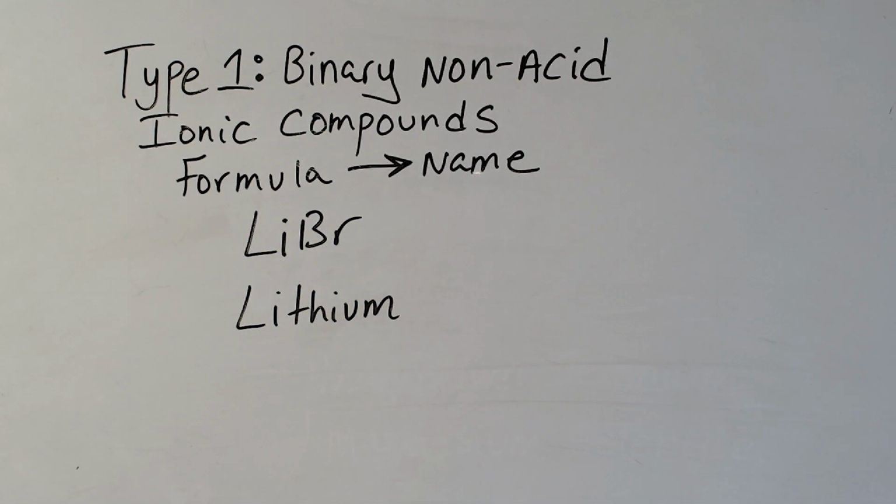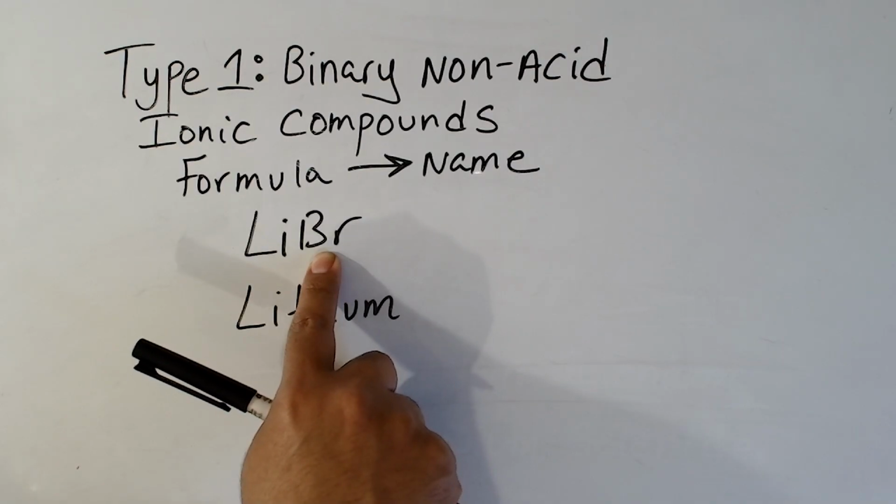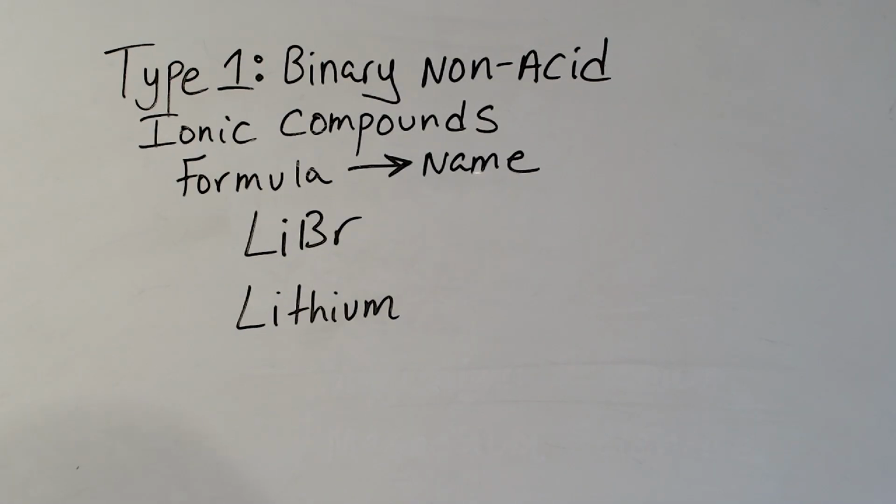The next step, name the second element or polyatomic ion. If it's an element, change its ending to IDE. When it comes to binary non-acid ionic compounds, this second part right here, the appropriate name for it is called the monatomic anion, which is a nonmetal with a negative charge represented by the suffix IDE.